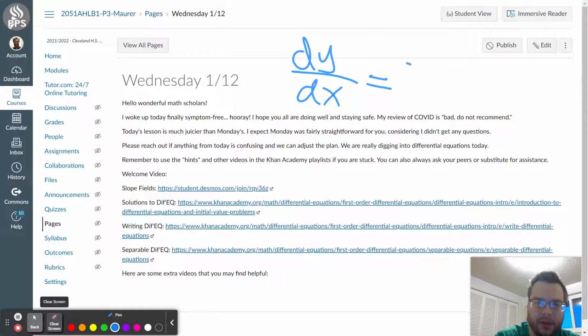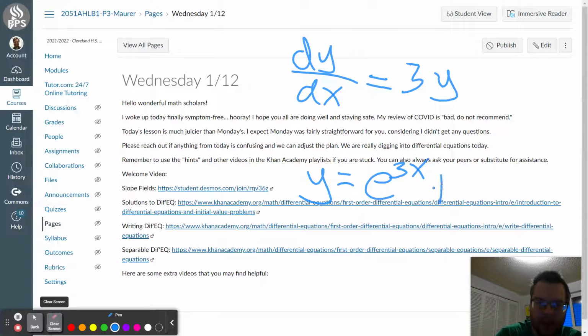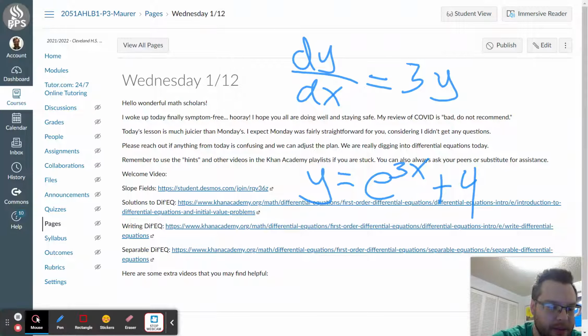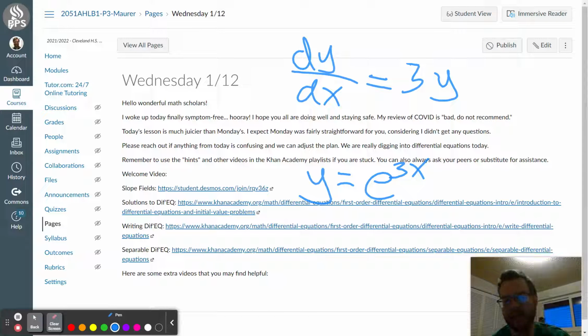So for example, this is sort of a silly example, but if I had dy/dx equal to 3y, and I wanted to check a solution here, I'm claiming that if I have y equals e^(3x), let me delete the plus 4, then what I can do is substitute that back in.